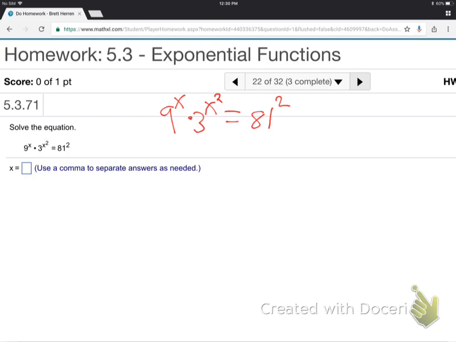Don't use it, you lose it. And this 9, that's 3 squared. And that is 3 to the 4th.